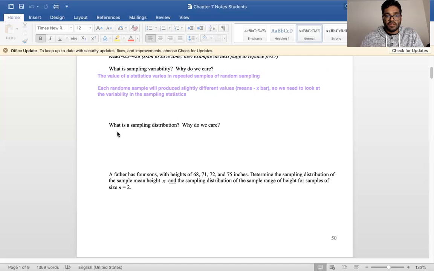And if you put all those samples together, you're going to get a distribution itself, which is what a sampling distribution is. So it's the distribution of values taken by the statistic in all possible, and let me highlight the word all, samples of the same size from the population.